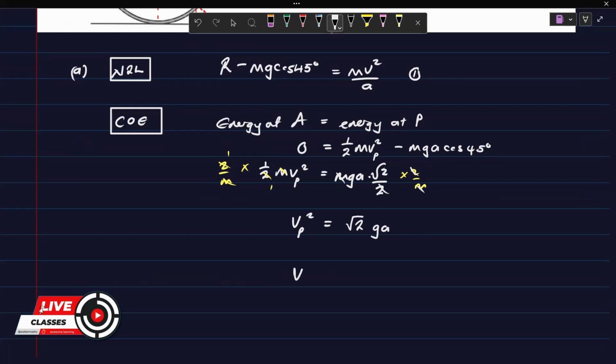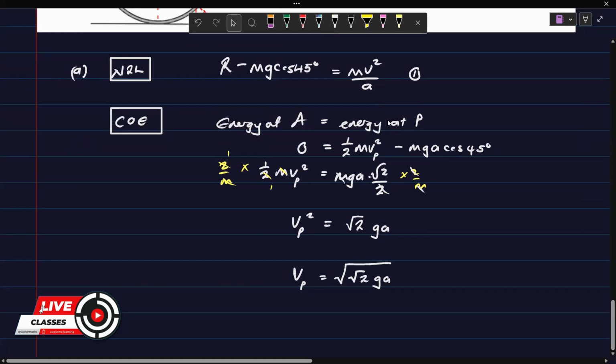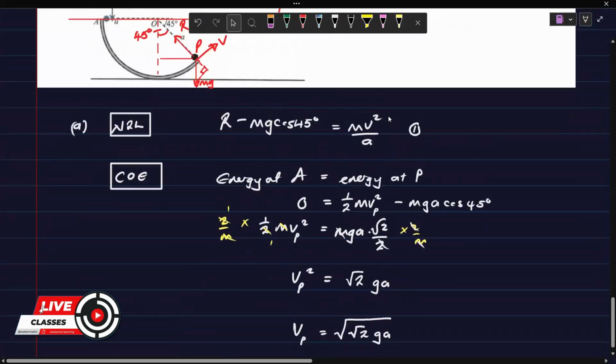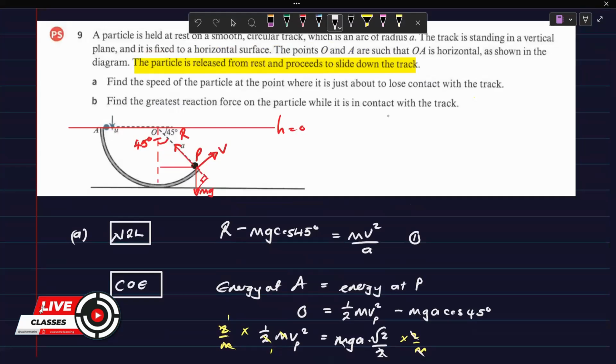Square rooting both sides, we get v equal to the square root of root 2 ga. That's the speed of the particle at the point where it is just about to lose contact with the track.